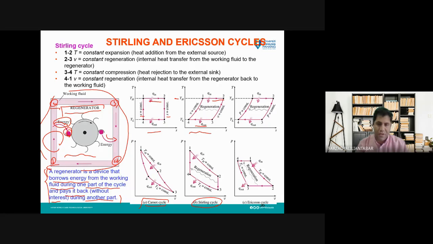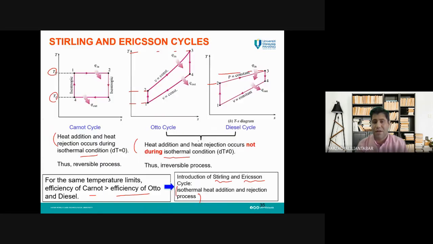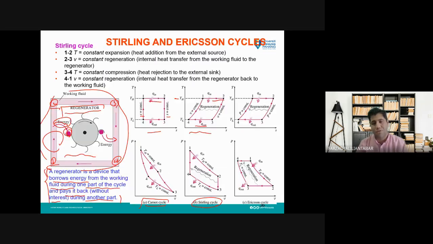If you compare the TS diagram for a Stirling cycle, the Carnot cycle and the Otto cycle, you can see that in the Otto and Diesel cycles we had isentropic processes. Those isentropic processes are substituted in the Stirling cycle by constant volume processes, and in the Ericsson cycle by constant pressure processes.